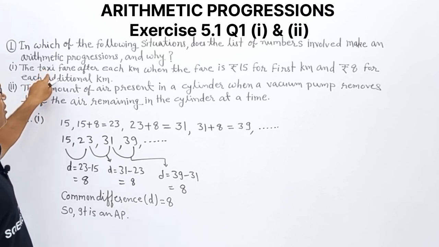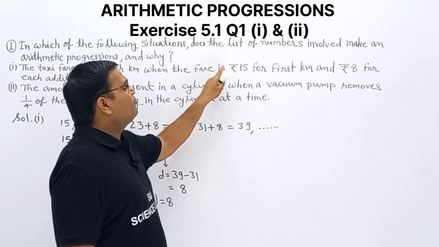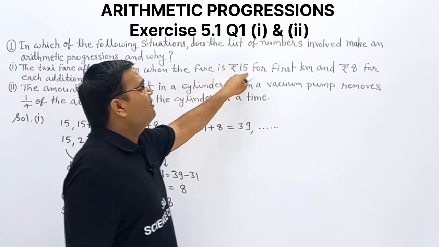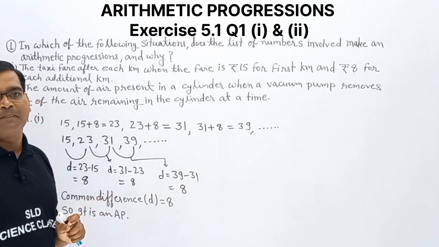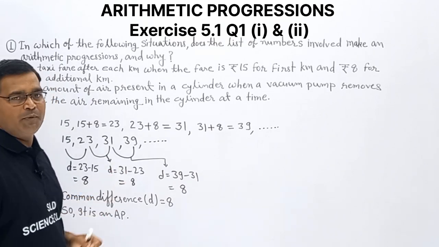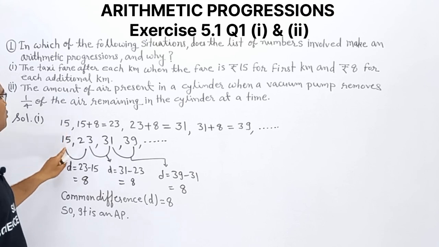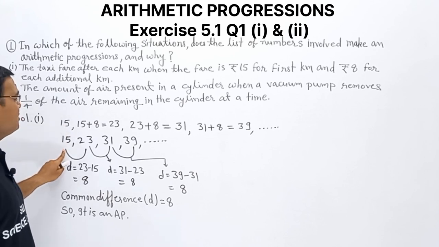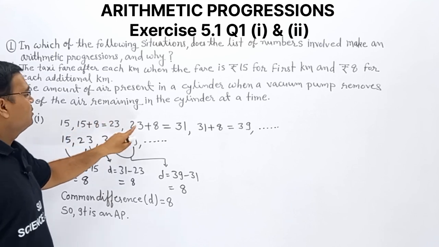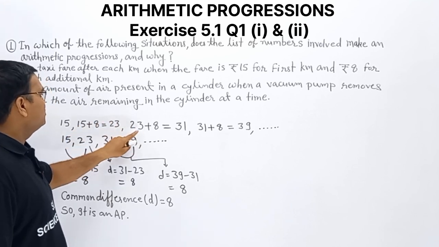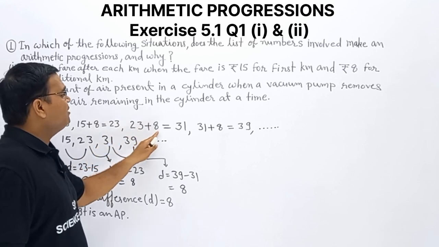Observe again what we are doing in this question. The question says for the first kilometer the taxi fare is 15 rupees and rupees 8 for each additional kilometer. We want to go 4 kilometers, then what should we pay? For the first kilometer, 15 rupees. For 2 kilometers, 15 plus 8, 23. For 3 kilometers, 23 plus 8, 31.